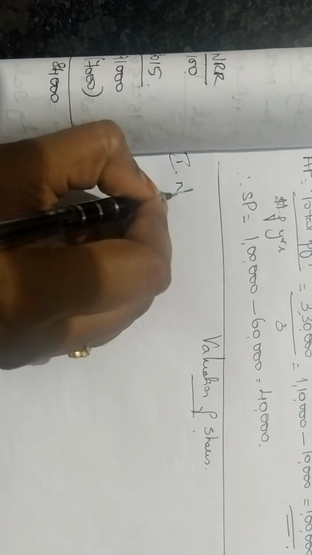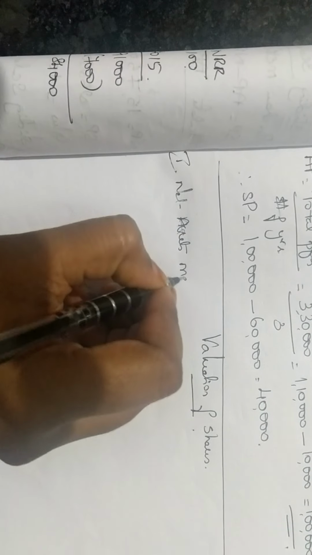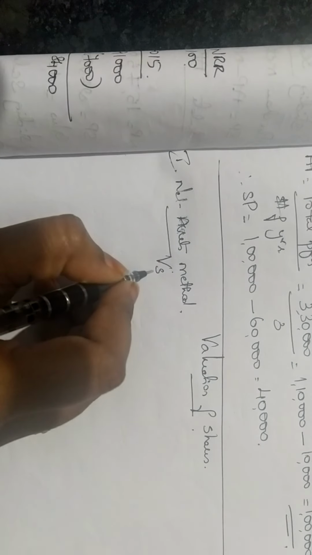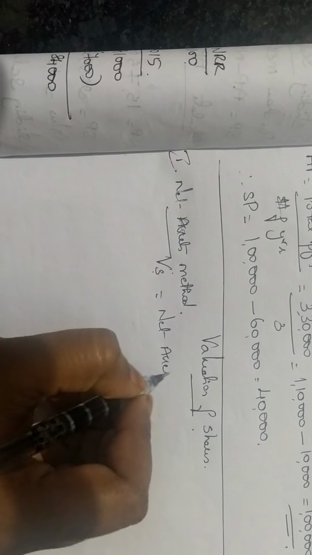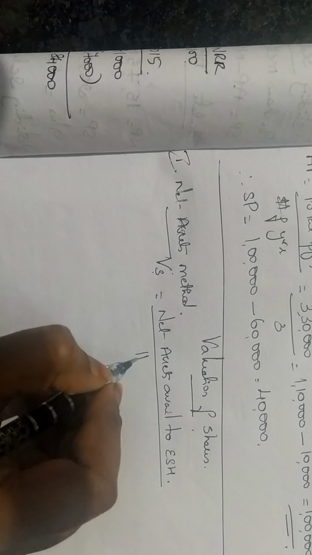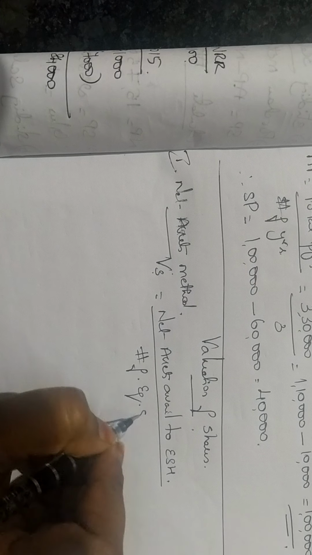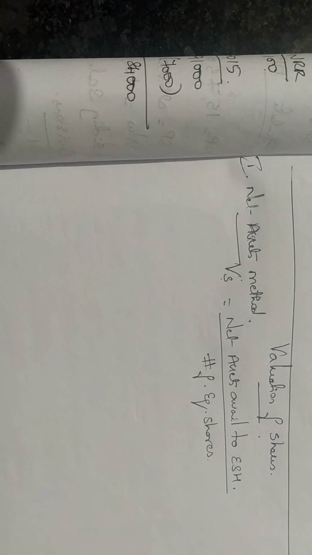So the first method that I am using is your net asset method. Under the net asset method, your value of share, VS, means value of share, is equal to net assets available to equity shareholders divided by number of equity shares. Okay, this is the formula. The number of equity shares will be given in the problem, so you need not worry about it.